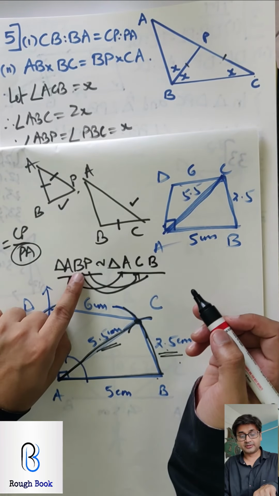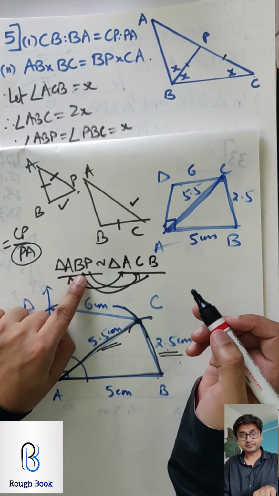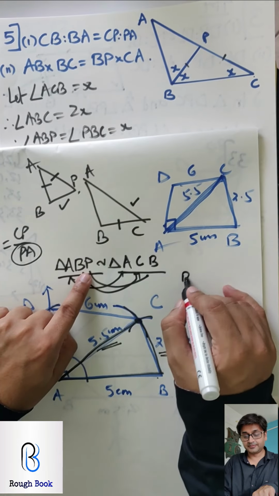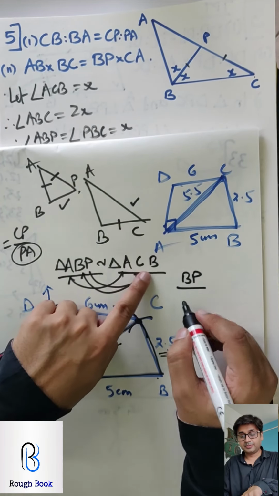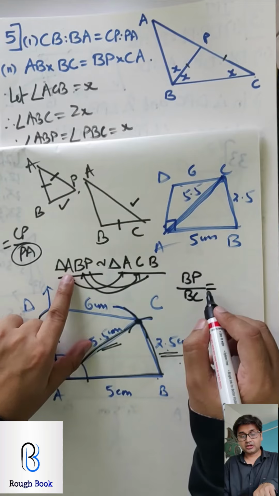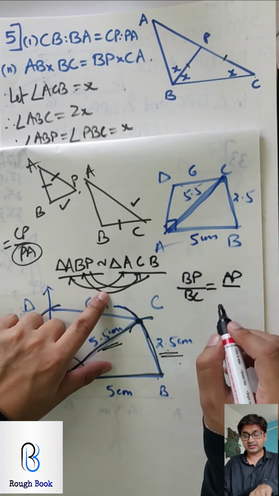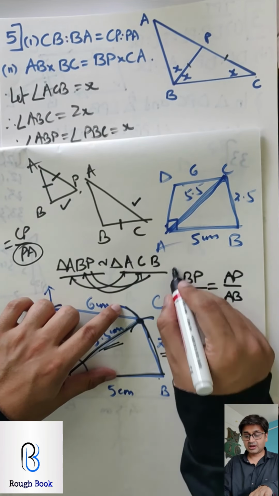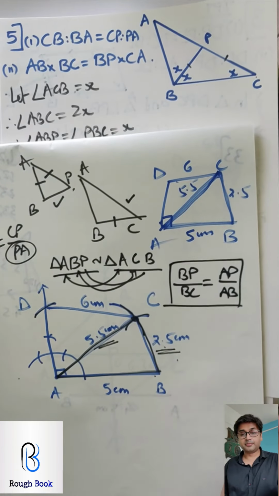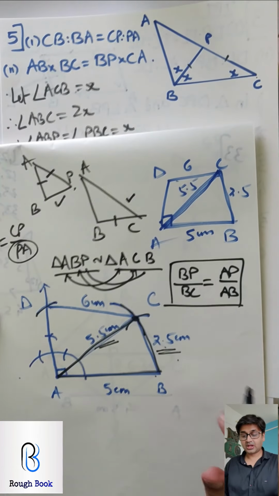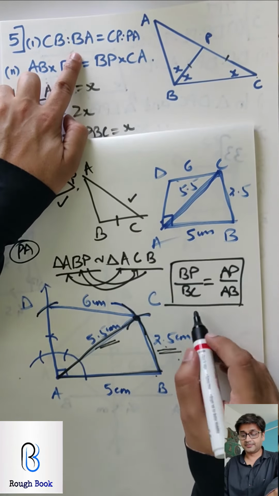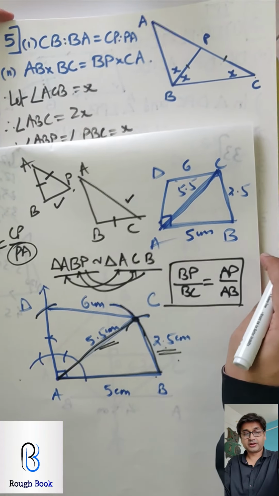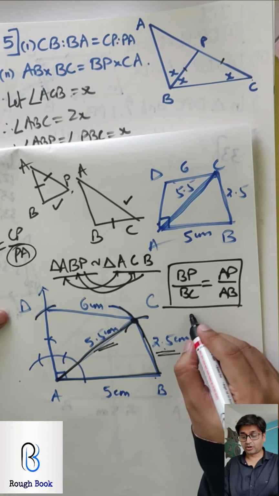Now look at this carefully. I am taking BP upon BC equals AP, first and last, upon AB. Now this I am trying to compare with what is needed. What is needed is CB by BA. So first let's do the reciprocal of this.